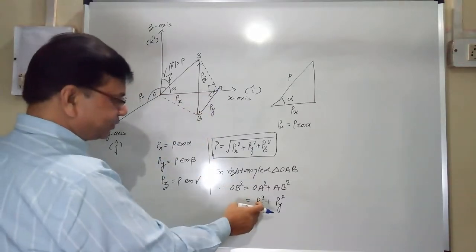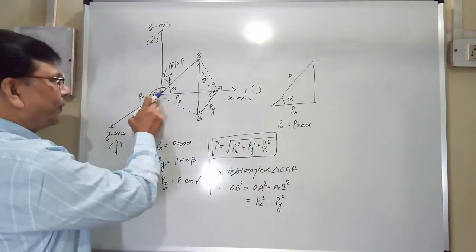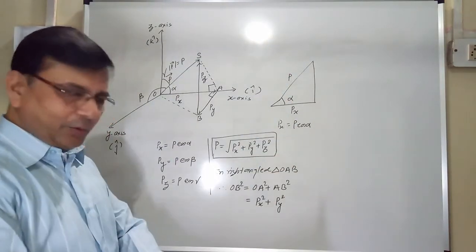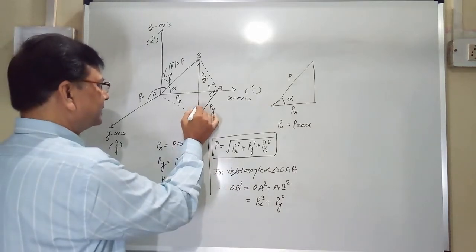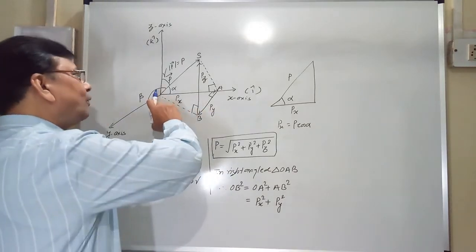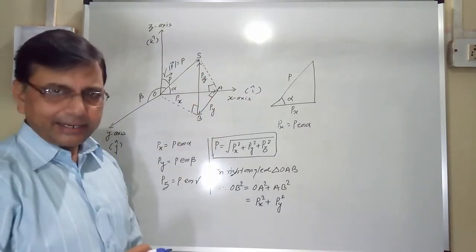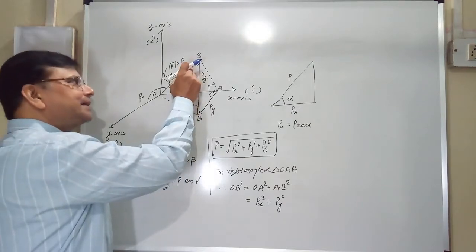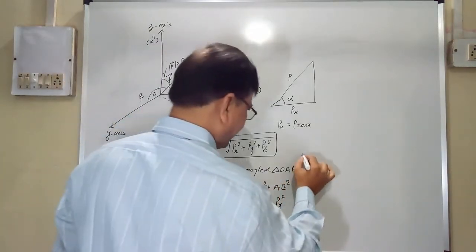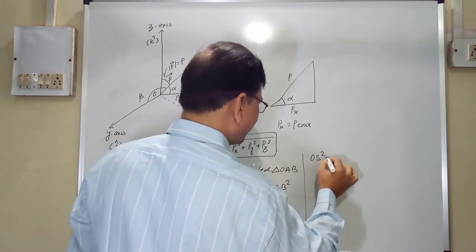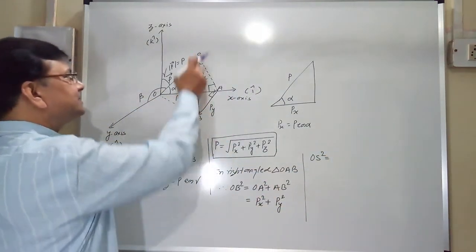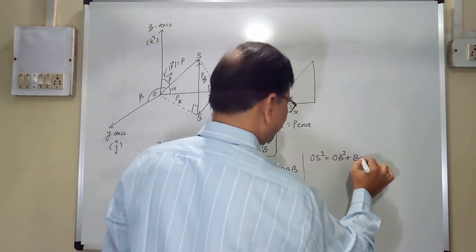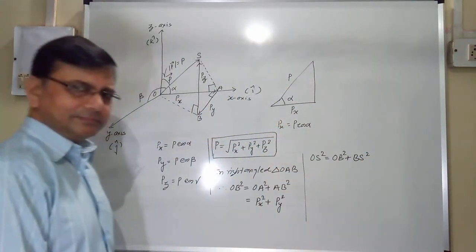So OB square is equal to PX square plus PY square. Now from the ground I have projected. So on the ground it is 90 degrees. This angle is 90 degrees. So again OSB is a right angle triangle, in which, since this is 90 degrees, this is the hypotenuse, then OS square is equal to OB square plus BS square, right?